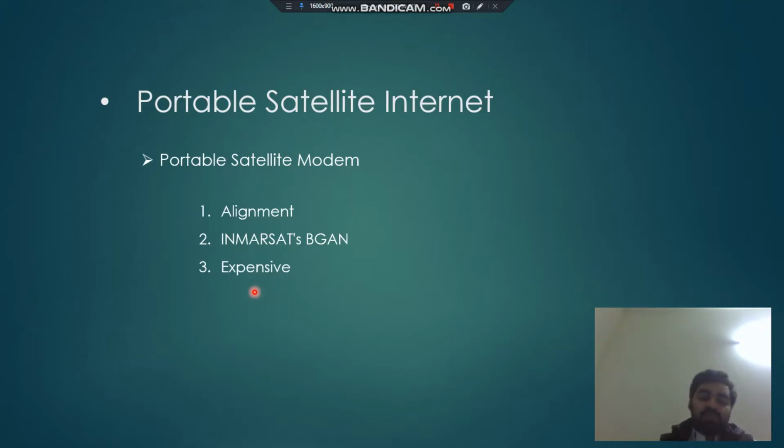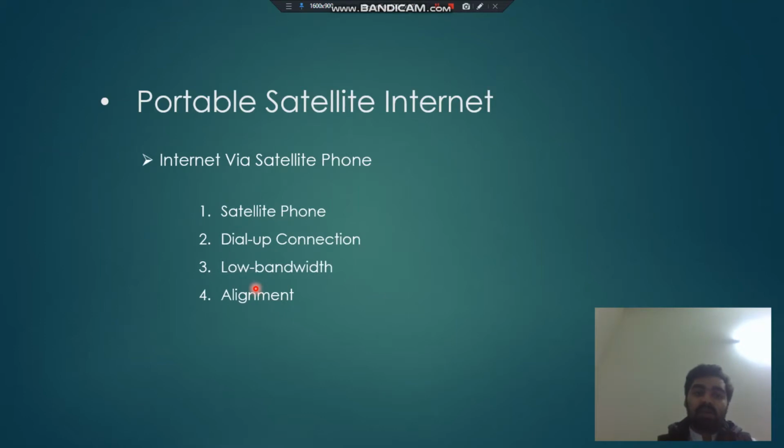Using such modems is also an expensive way of communication. Data transfer costs between $5 to $7 per megabyte, and the modems themselves are also expensive, usually costing between 1,000 to 5,000 American dollars.